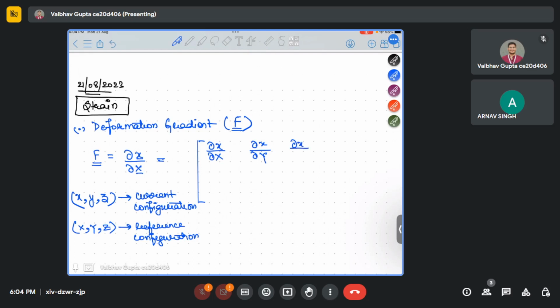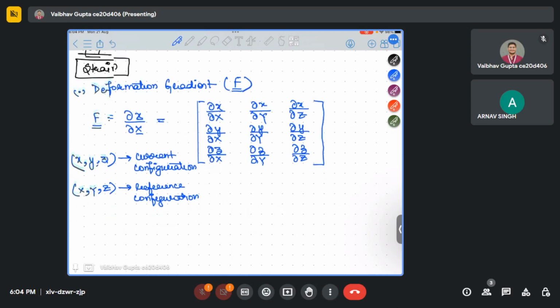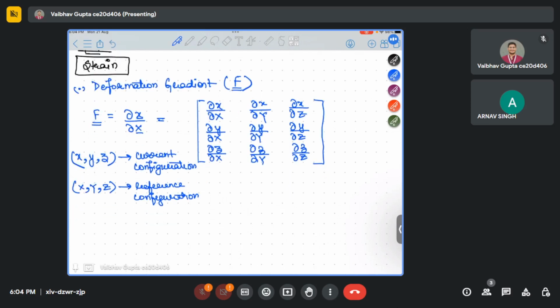So I'll just complete this formula. This is the deformation gradient F. It's a partial derivative of the position vectors.